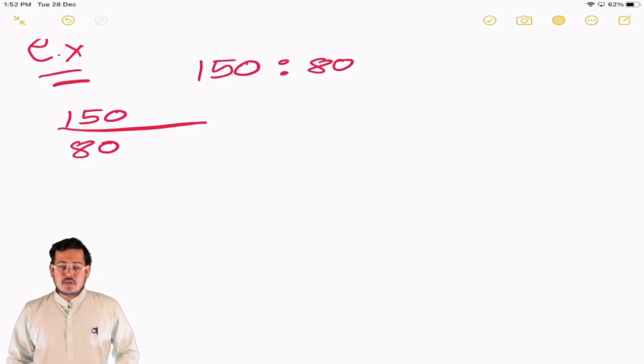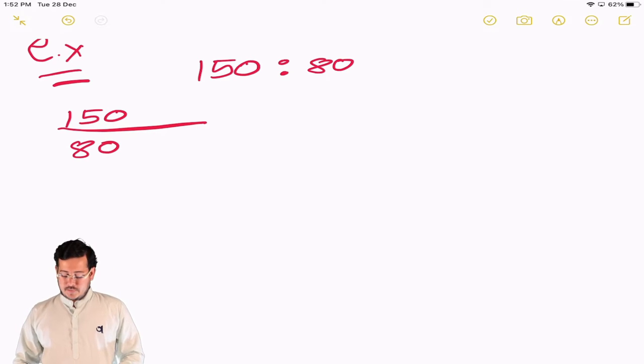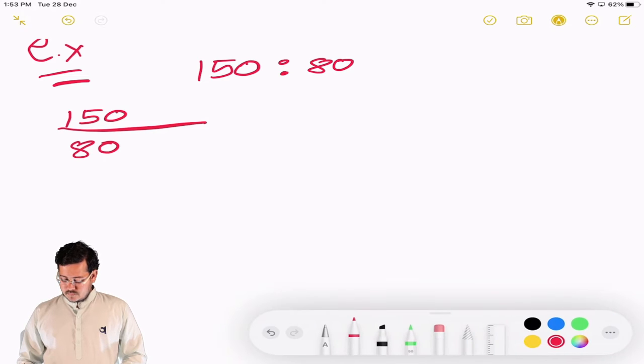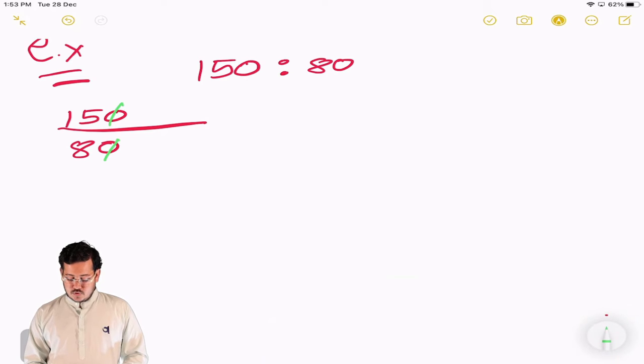Now you can see both the numerator and the denominator have a 0. So I can easily cut both the zeros of the numerator and the denominator. So I will get the answer, that is 15 upon 8.